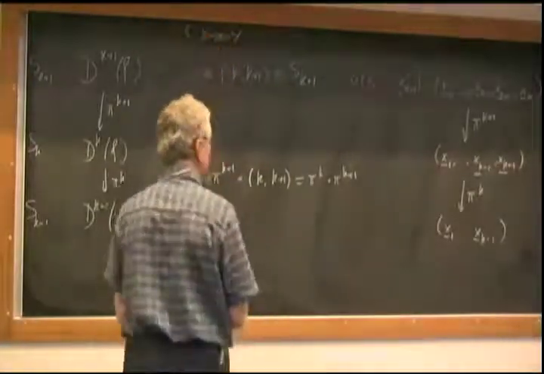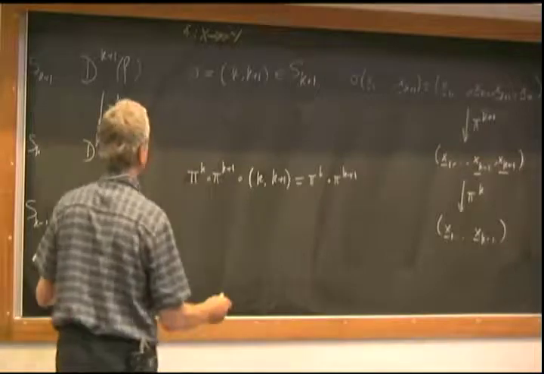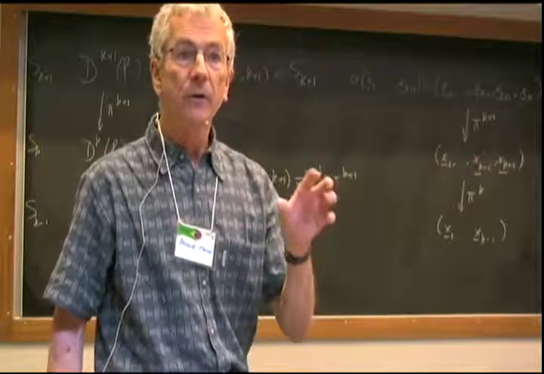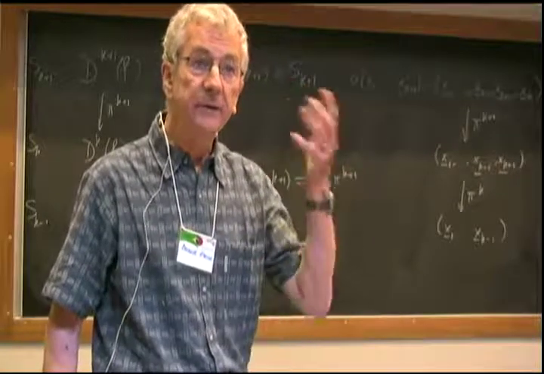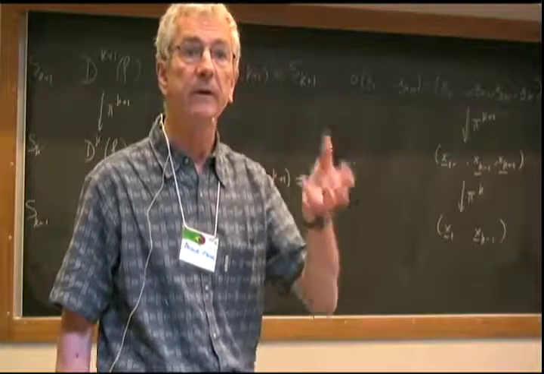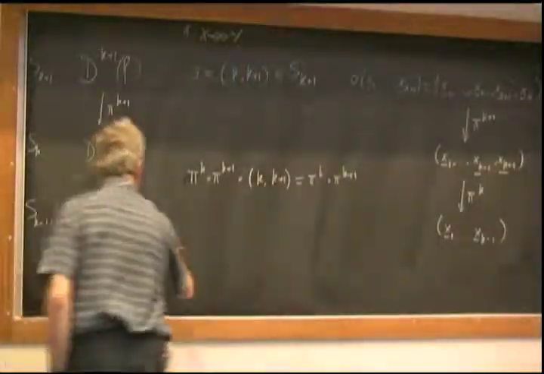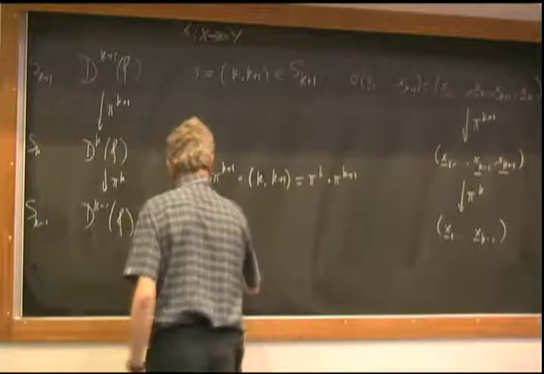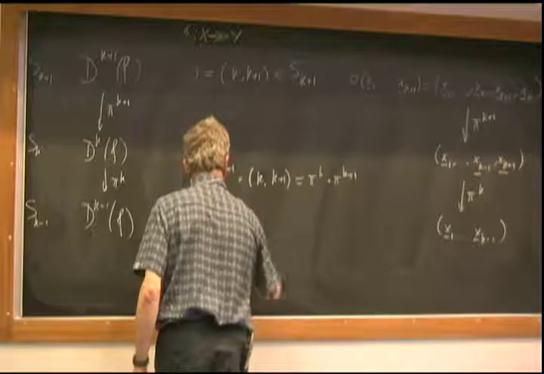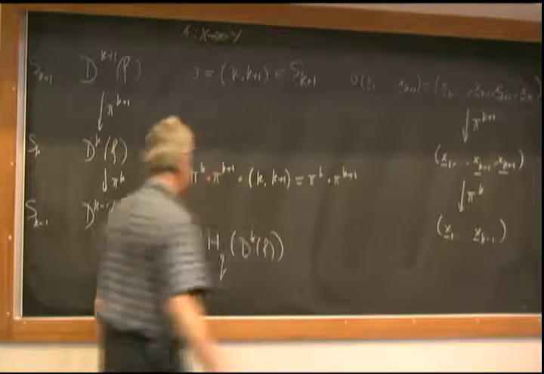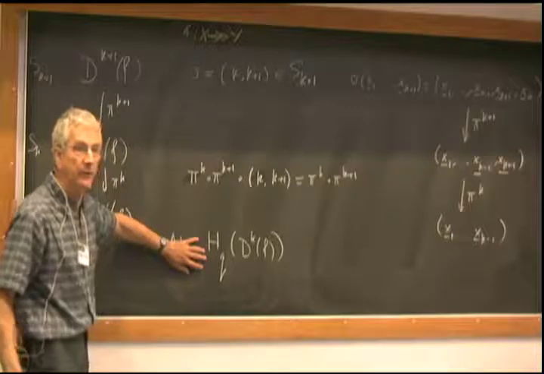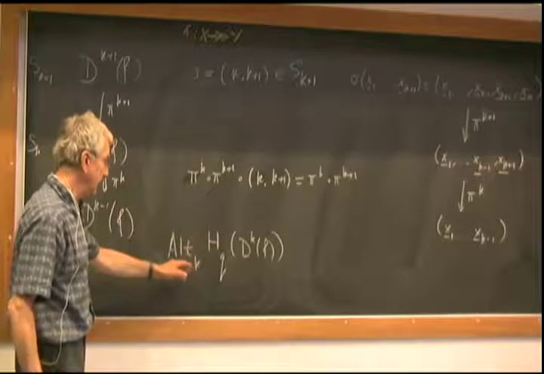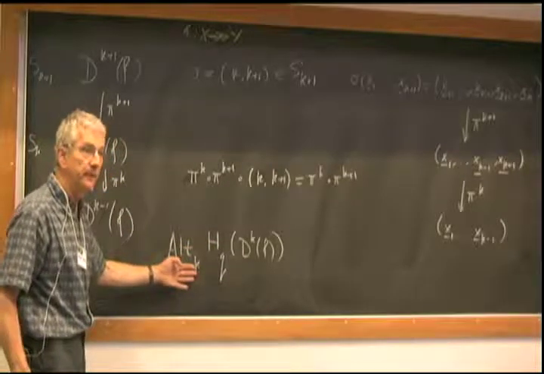At this point, I have to pull a rabbit out of a hat. I can't really justify the following definition, but you'll begin to see why it's nice as we go on. And the definition is the following. We say that Alt_k H_q(D_k f), so this is H_q, the qth homology group of the kth multiple point space of f, and I'm going to define a certain subgroup of it.